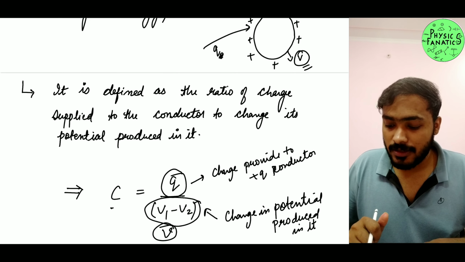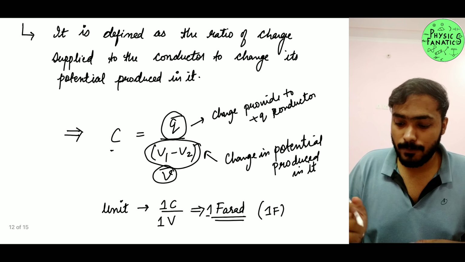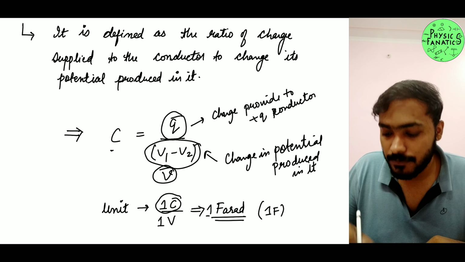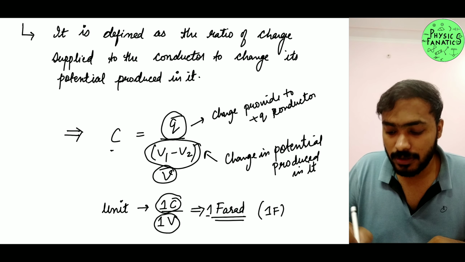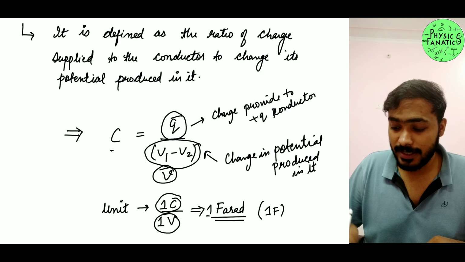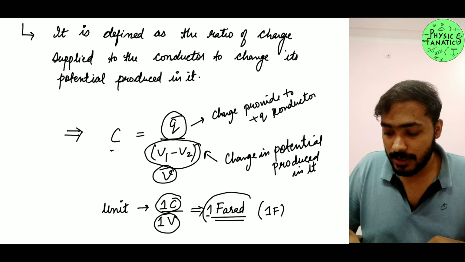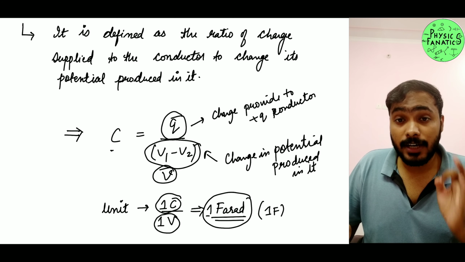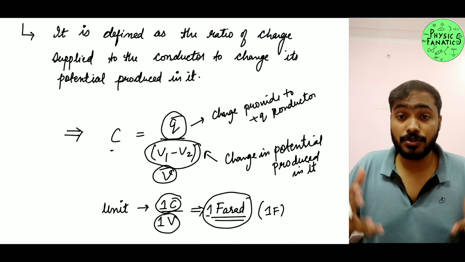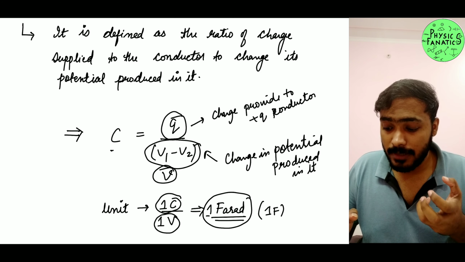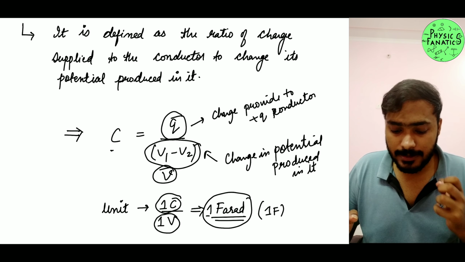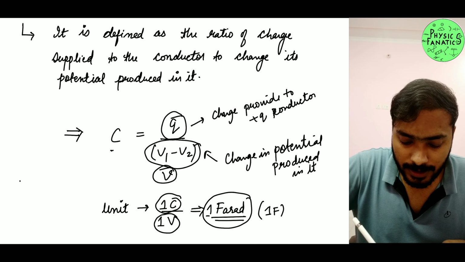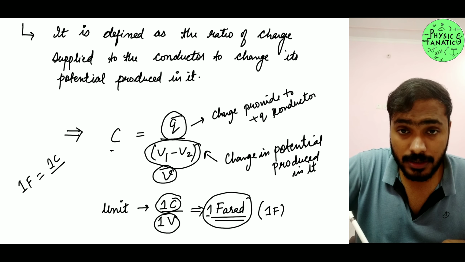Great. So let's talk about the units here. Charge has the unit coulomb and potential has the unit volt. So 1 coulomb upon 1 volt is a new unit, known as 1 farad. You have to understand that 1 farad is a very huge capacitance. 1 farad capacitance means 1 coulomb of charge with 1 volt in the denominator.